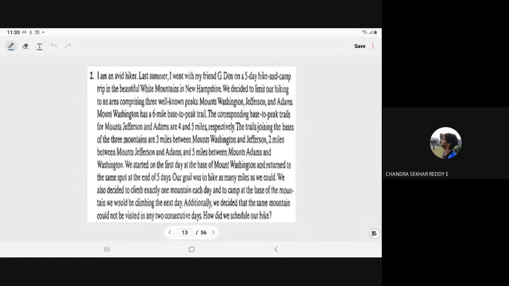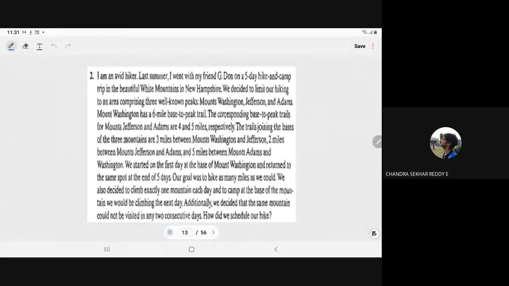We decided to limit our hiking to an area comprising three well-known peaks: Mount Washington, Jefferson, and Mount Adams. Mount Washington has a 6-mile base to peak trail and the corresponding base to peak trails for Mount Jefferson and Adams are 4 and 5 respectively.